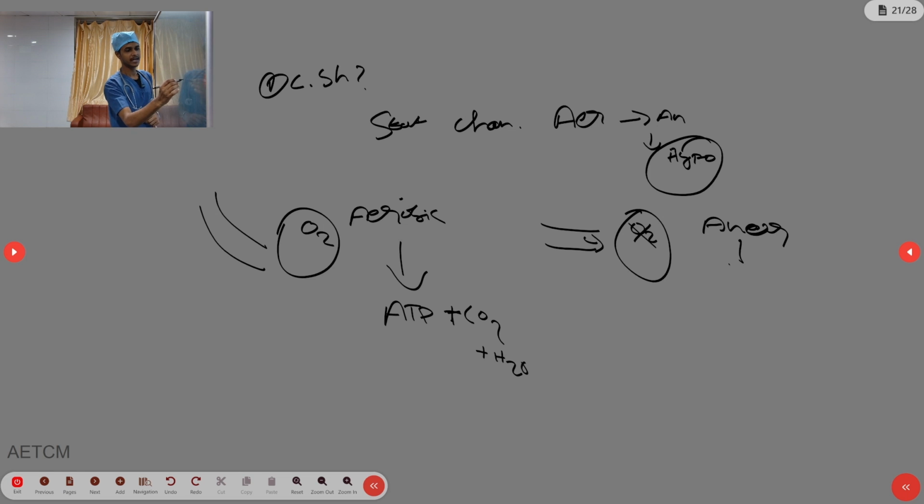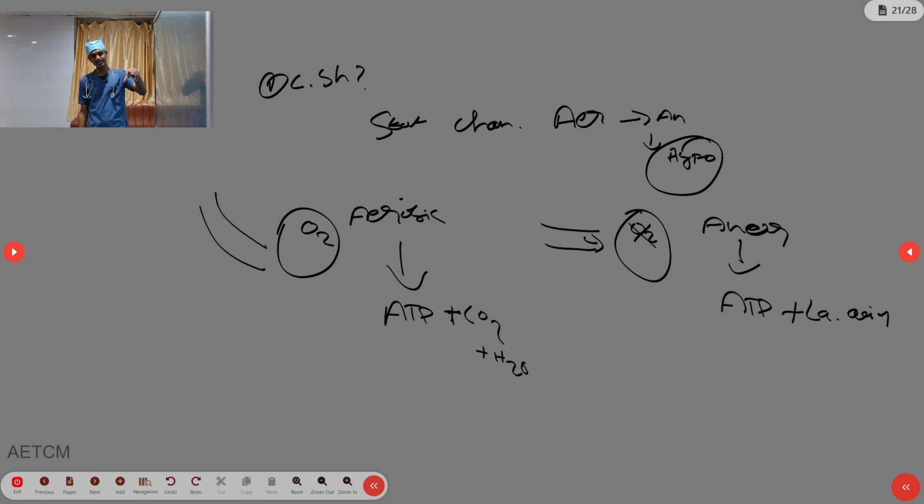In the anaerobic pathway, what will happen? In the normal pathway, ATP forms. In anaerobic also, ATP, adenosine triphosphate, will form, but the end product here is lactic acid. That is the major complication. In the normal pathway you get CO2 and H2O, but in the anaerobic pathway you get lactic acid.